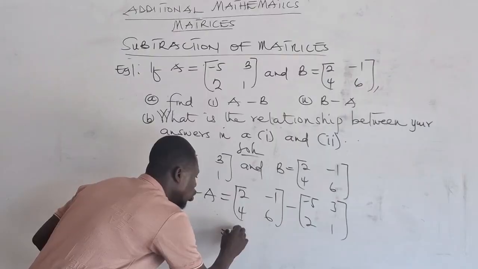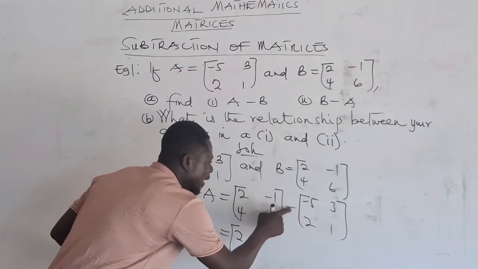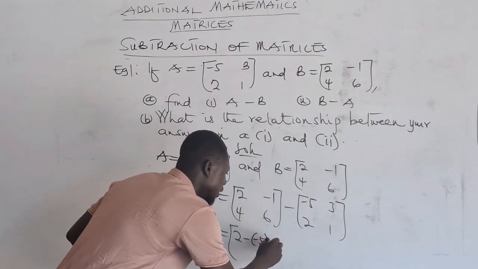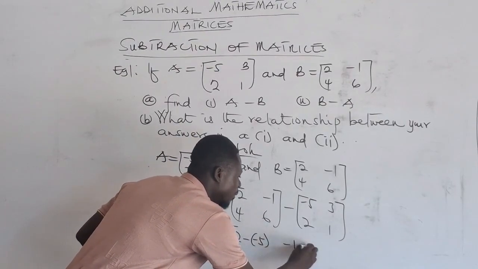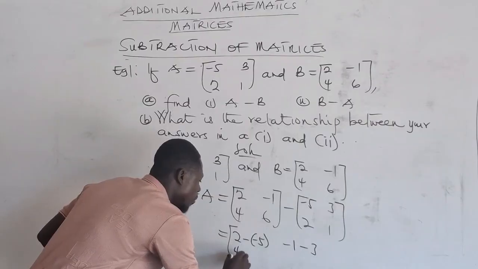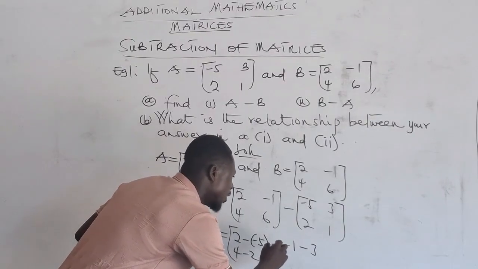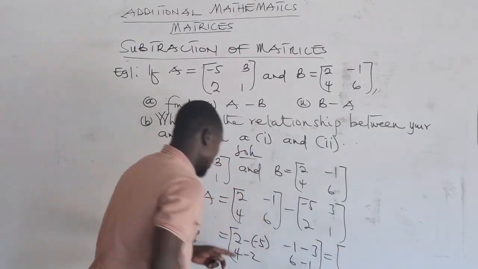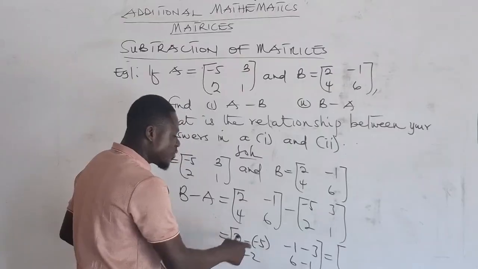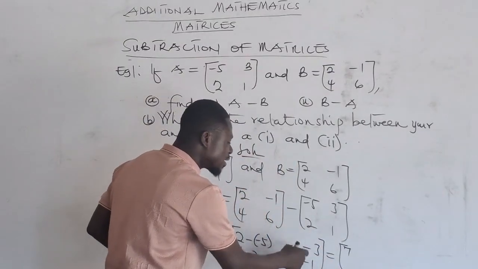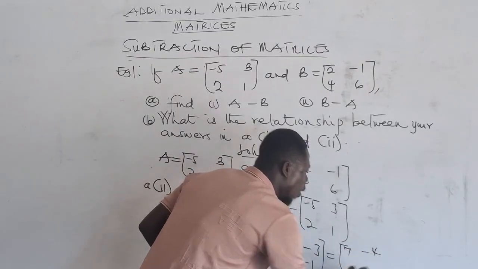So we will have 2 minus negative 5. Then negative 1 minus 3. Then we have 4 minus 2. Then finally we have 6 minus 1. So this will give us 2 minus negative 5 will be 7. Negative 1 minus 3 will be negative 4.